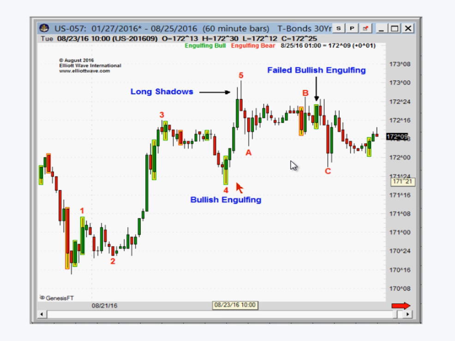And Japanese candlestick analysis is one of those disciplines. And I think it combines or is able to coexist quite nicely with the Elliott wave principle. In fact, I think by combining the two distinct disciplines, you're going to actually improve your market forecasting as well as your trading. Just my 2 cents or my thoughts.